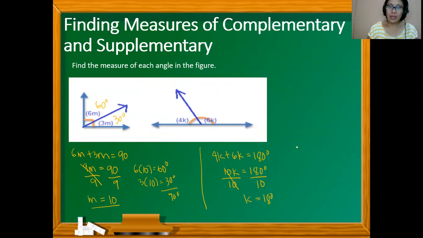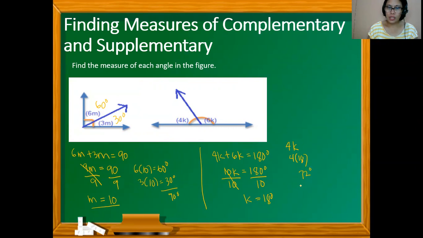Substituting k equals 18 to the variable k, we have 4k, 4 times 18. We know that 4 times 8 is 32, so this is 72 degrees.